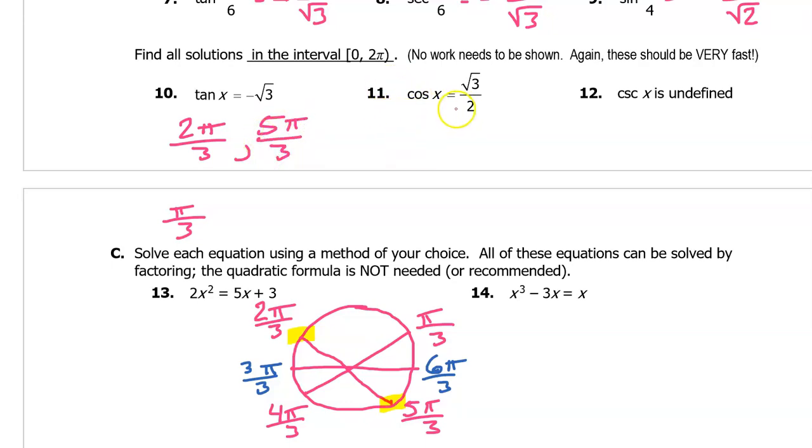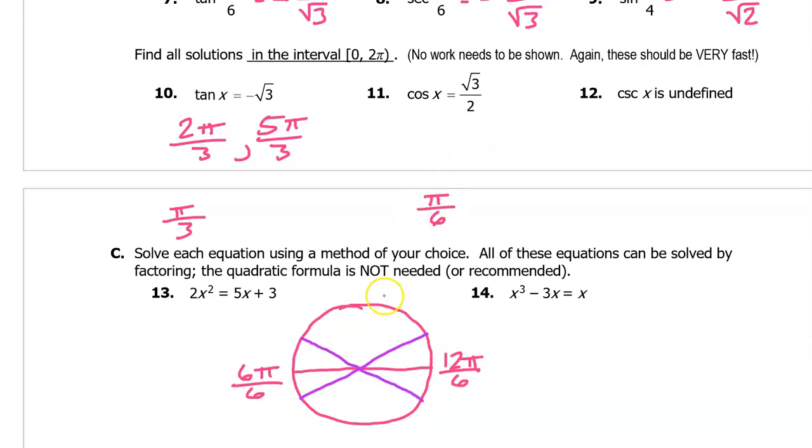All right, what about problem number 11? What is the reference angle here? The cosine of what is radical 3 over 2? So hopefully you were thinking pi over 6. You should have memorized that the cosine of pi over 6 is radical 3 over 2. But there are 4 angles that have a reference angle of pi over 6.